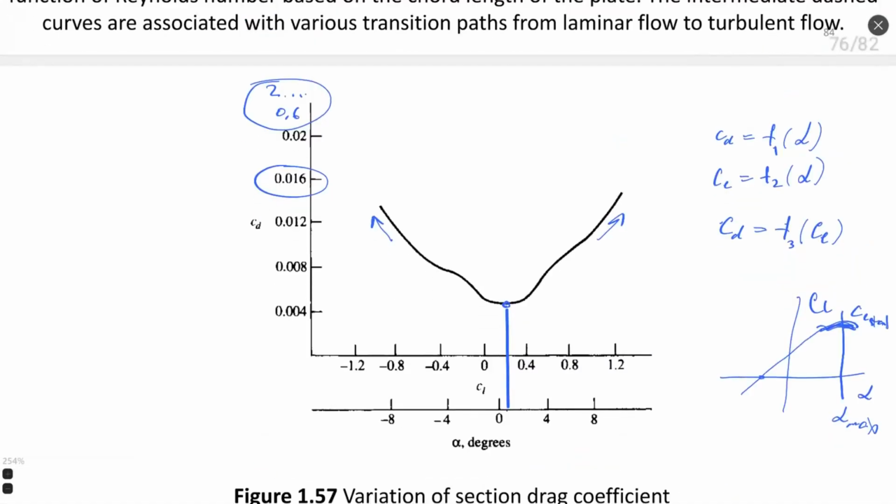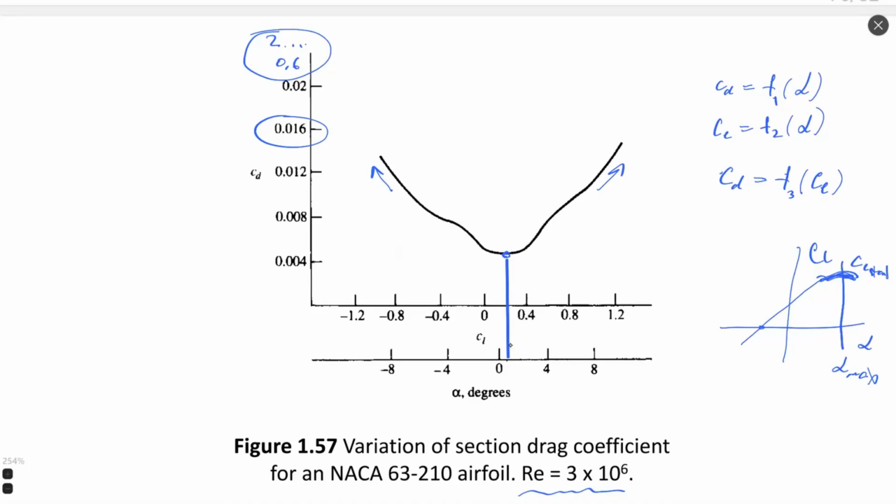And this 100s is somewhere here, 0.01, so it corresponds to angles of attack somewhere close to 5, 6, 8 degrees. So the airfoil is not so bad from the point of view of drag. It can be compared just to a flat plate where drag is created just by friction.